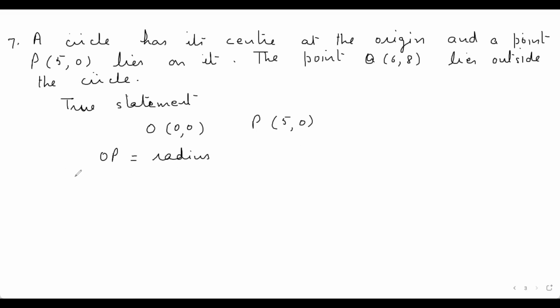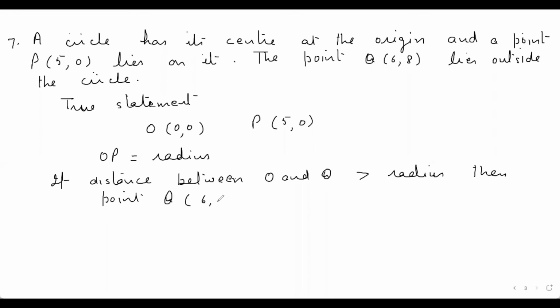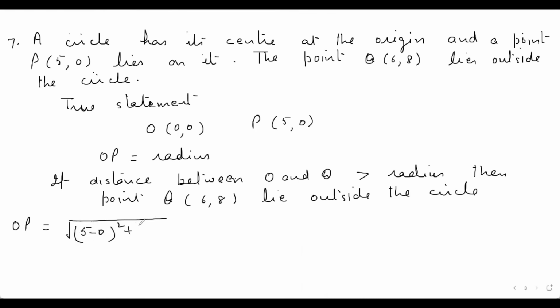If the distance OQ is greater than the radius, then point Q(6, 8) lies outside the circle. So we are going to find first radius OP, which is equal to root of (5 minus 0) whole square plus (0 minus 0) whole square, that is equal to root of 5 square, that is equal to 5.